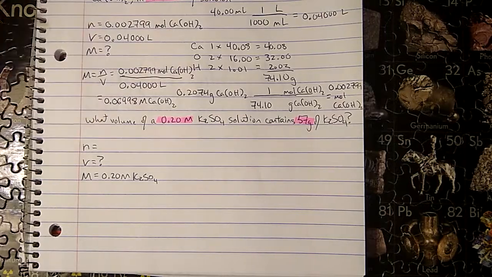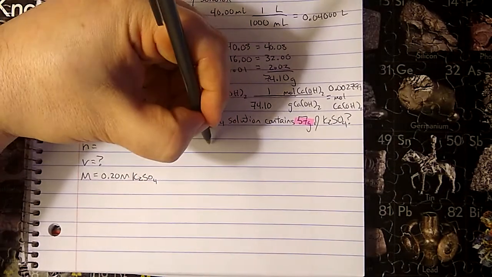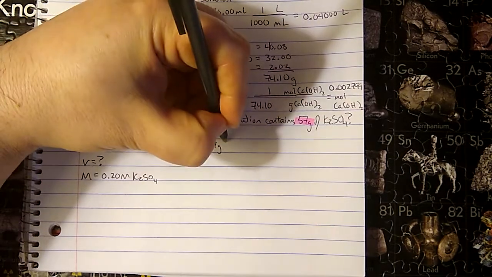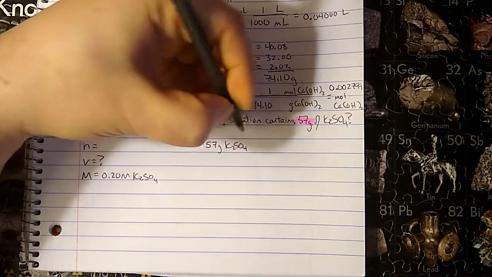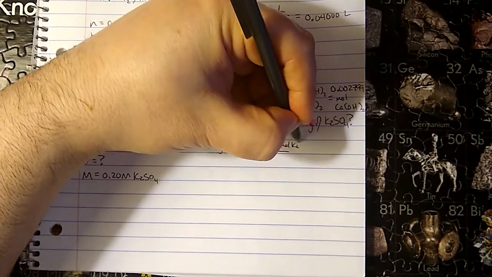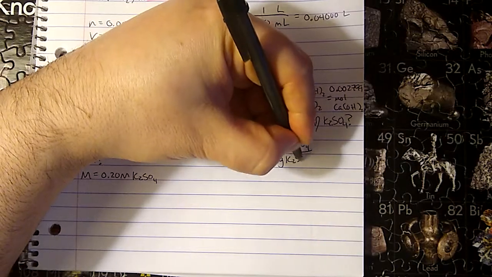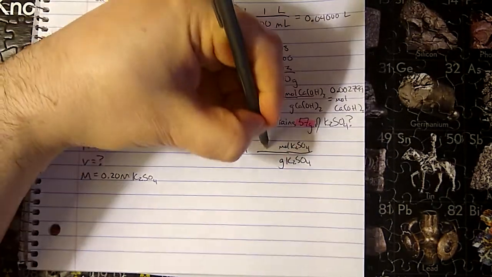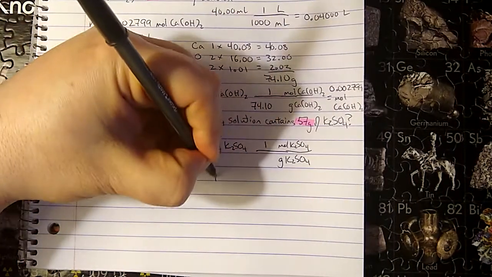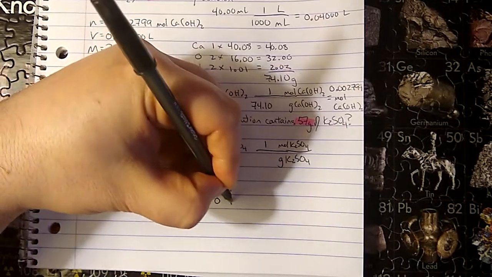So all we need to find out is the moles of potassium sulfate. So let's go ahead and do a conversion. Got 57 grams here. I want to convert it to moles. So I need to find the molar mass. Go on the periodic table to find that. 2 potassiums, 1 sulfur, 4 oxygens.